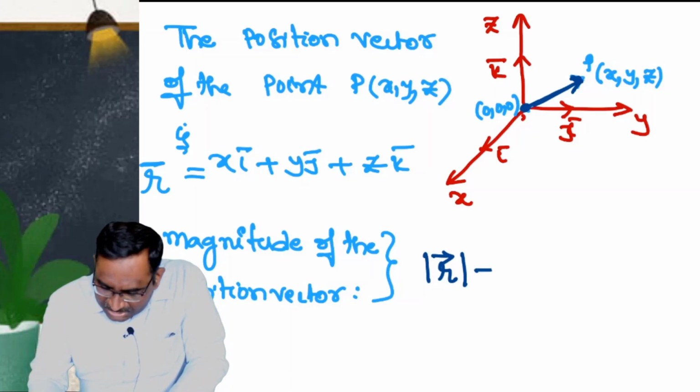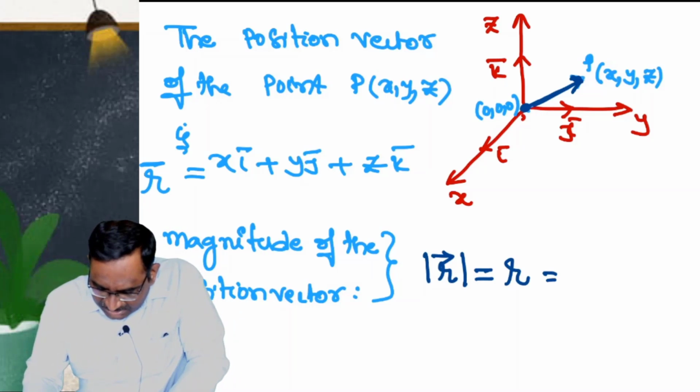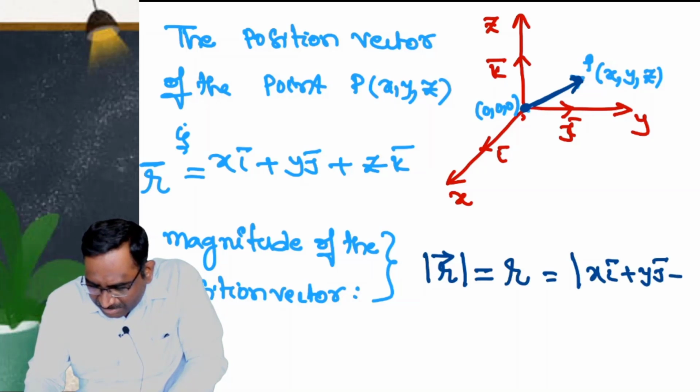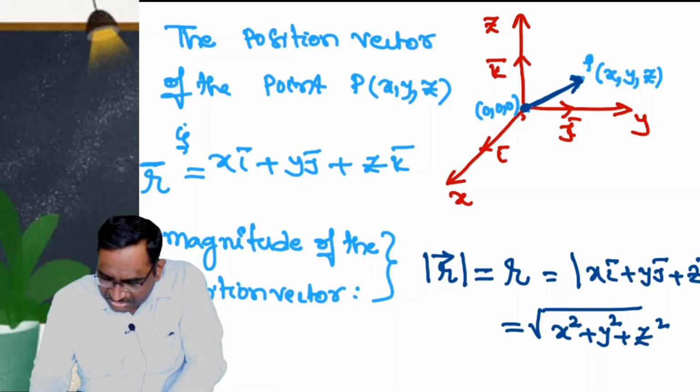So modulus of x i bar plus y j bar plus z k bar is equal to the square root of x square plus y square plus z square.